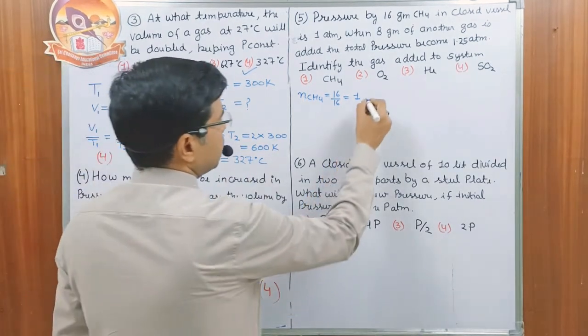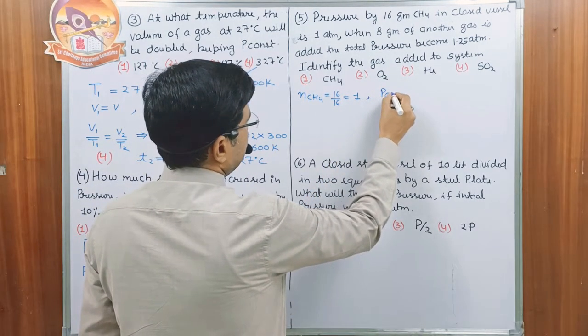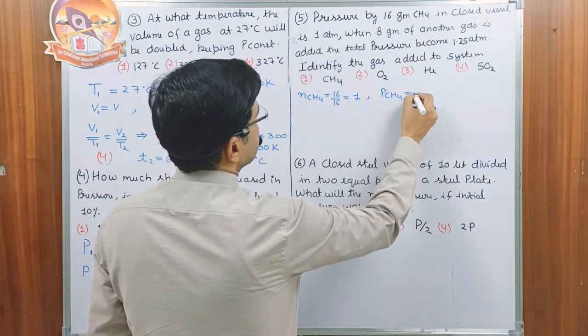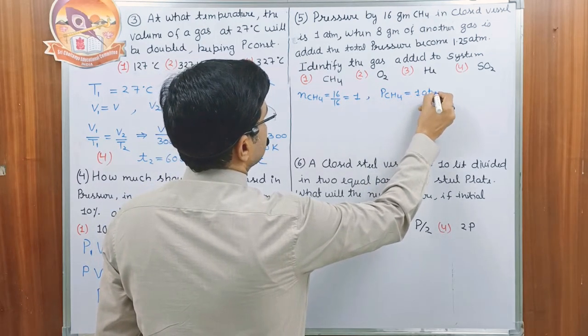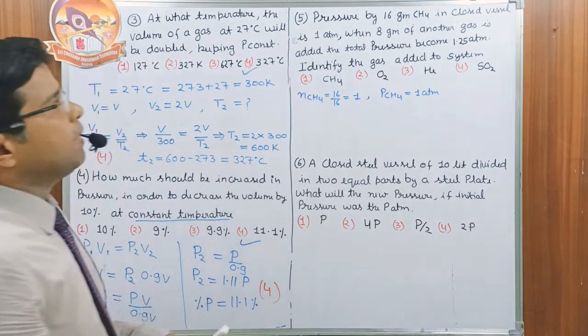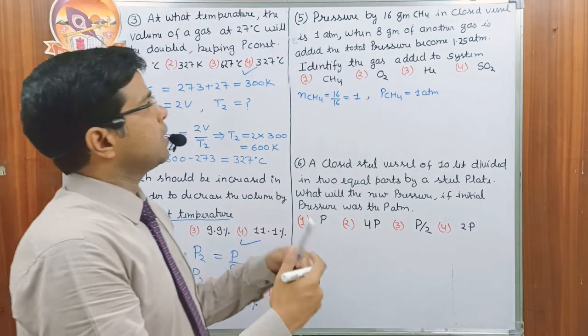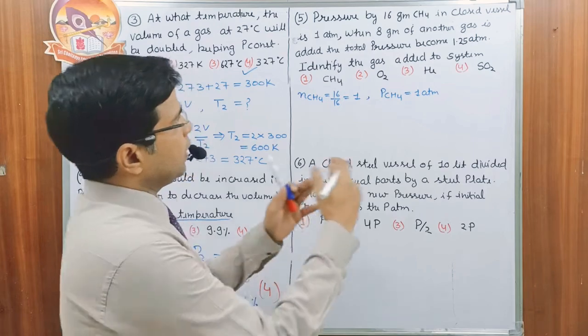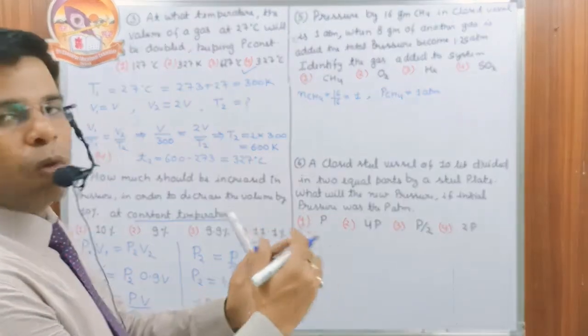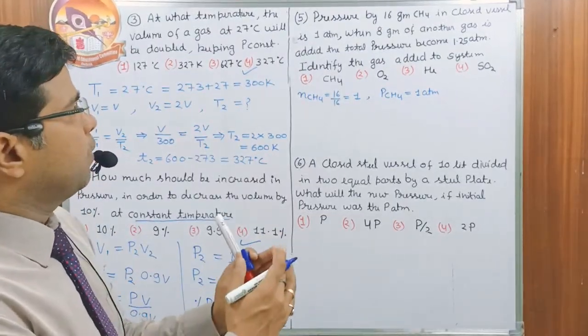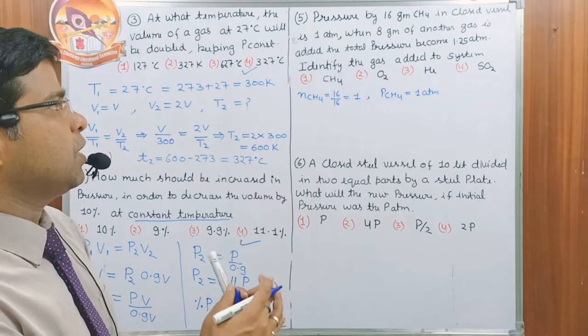And the pressure of CH4 is given as 1 atmosphere, and 8 gram of another gas is added, then the total pressure becomes 1.25 atmosphere, and identify the gas which is added.